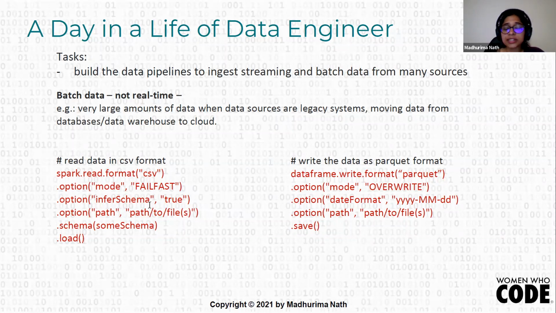Infer schema is, do I replicate whatever is present in the CSV format that I'm reading, or do I define my own? If it is true, then it will copy exactly how it is present in that document or text file that I'm reading. Then you can specify the path to the file.